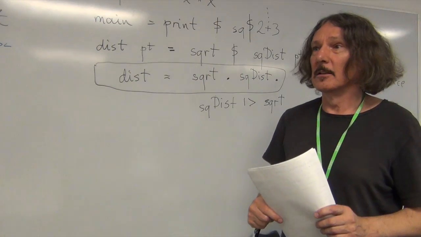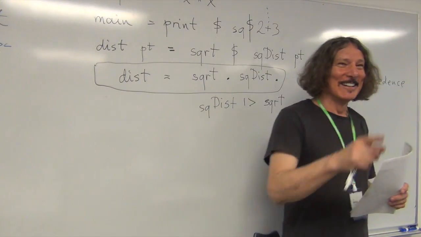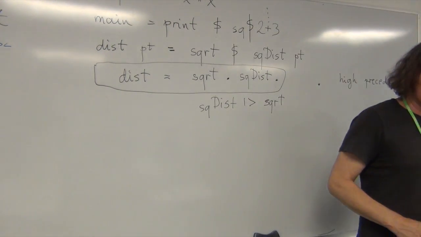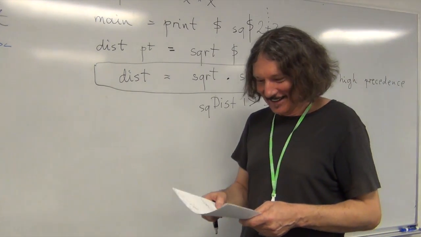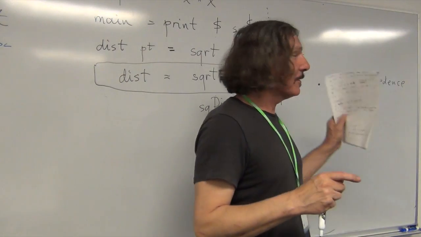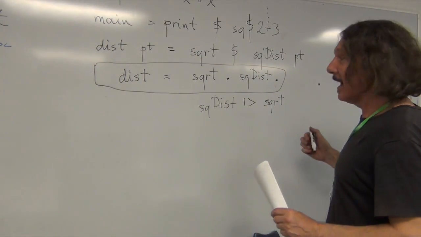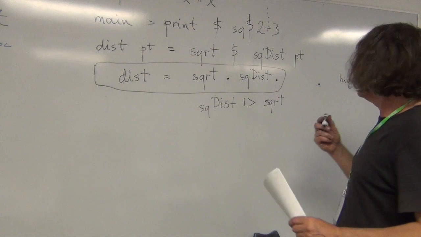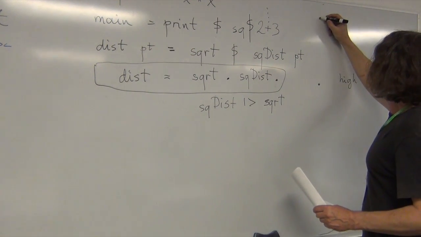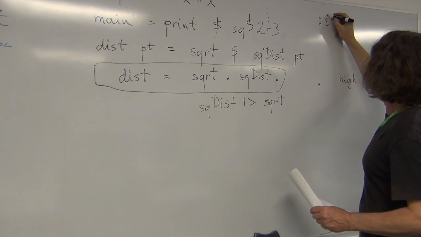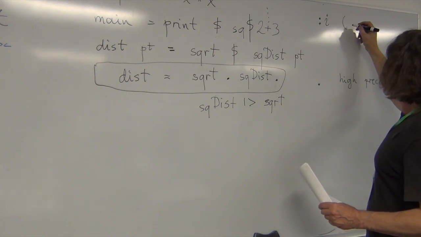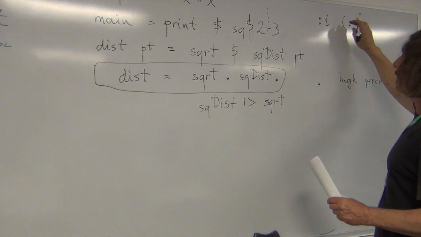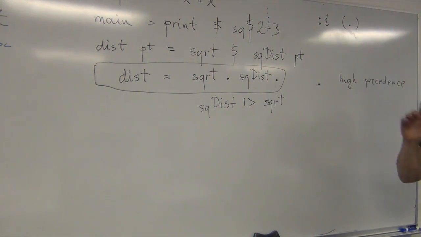Who here knows Haskell? So I was right. Maybe this is a good idea: ask GHCI. How do you ask GHCI? You say :I, which is for info, and if you want to apply it to an operator, you have to put this operator in parentheses.